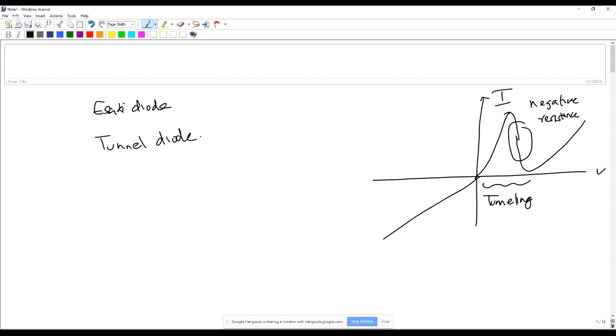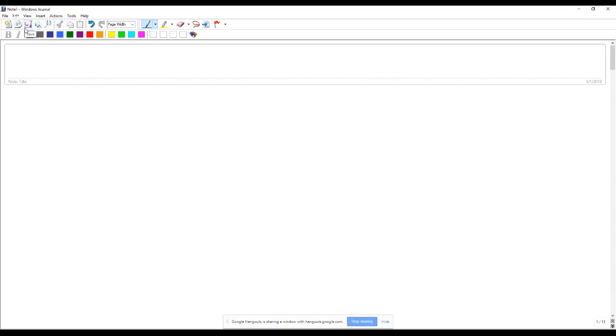So let me take a new page and then I will draw the energy band diagram. Usually we start with two semiconductors that are very heavily doped. So in this example, I'm going to use degenerate semiconductors. Again, we have looked at degenerate semiconductors in the lecture notes.